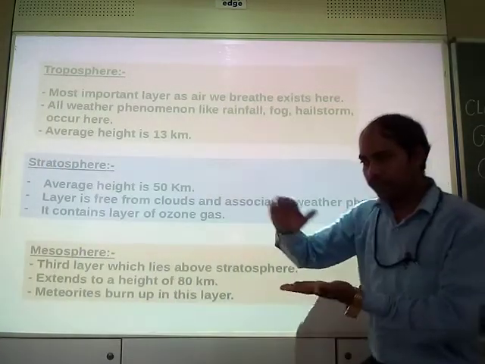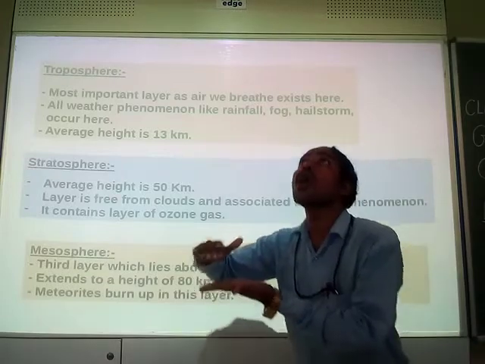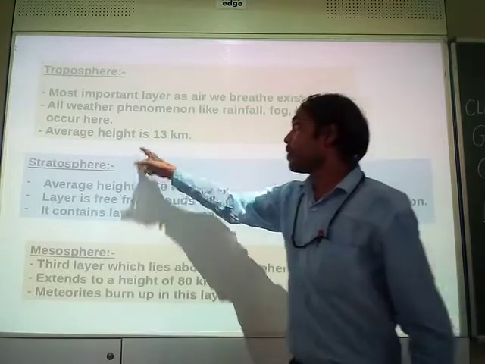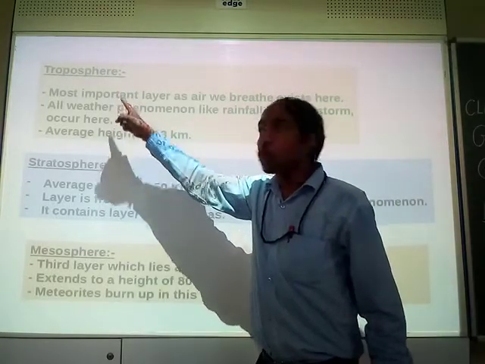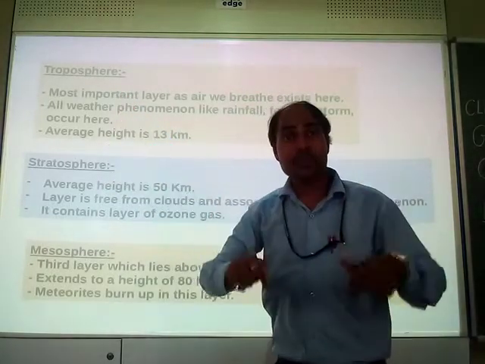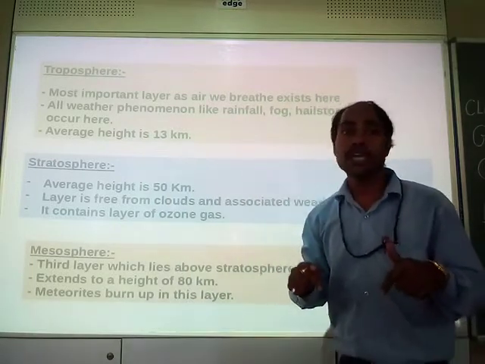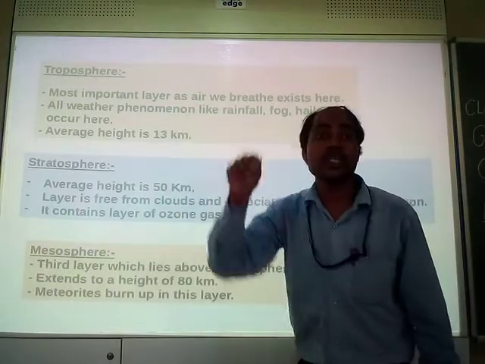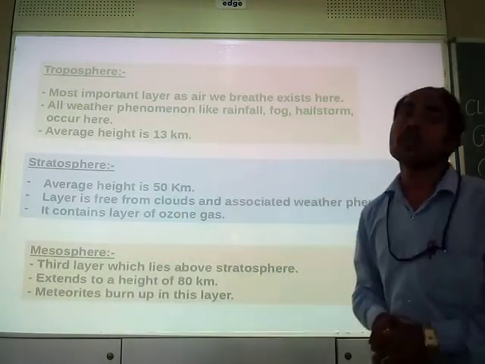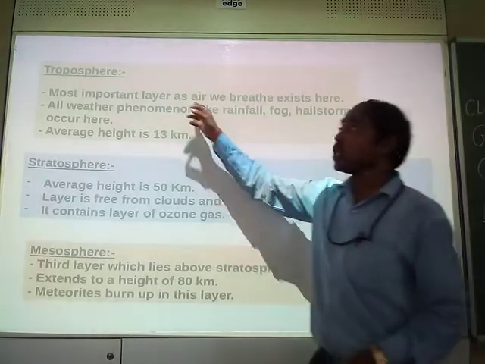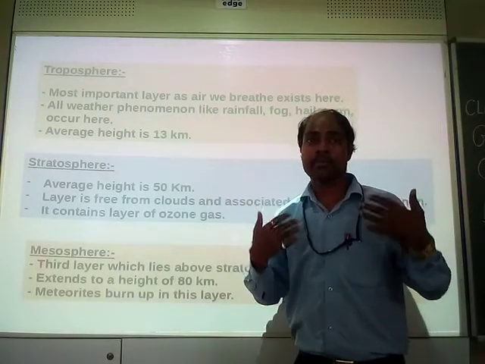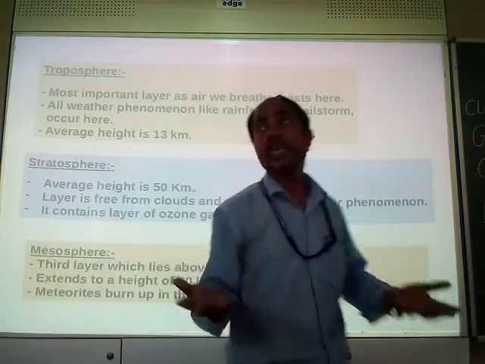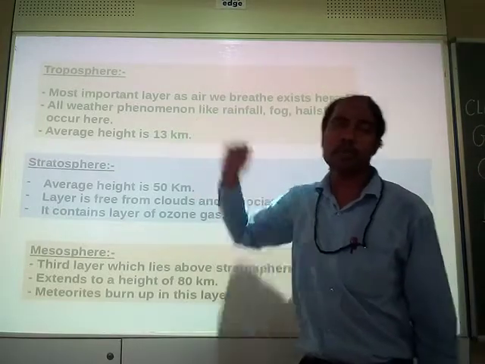Moreover, all weather phenomenon takes place in this layer only. Rainfall, hailstorm, fogs and other weather phenomenon takes place in this layer only. And the air we breathe in, oxygen, carbon dioxide and other important gases are present in this layer only, troposphere.